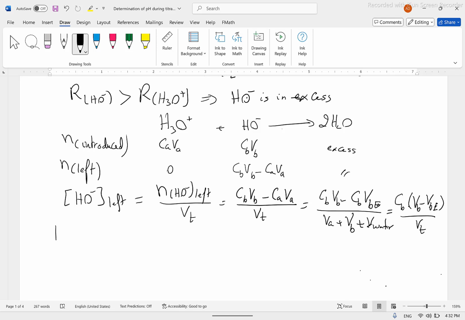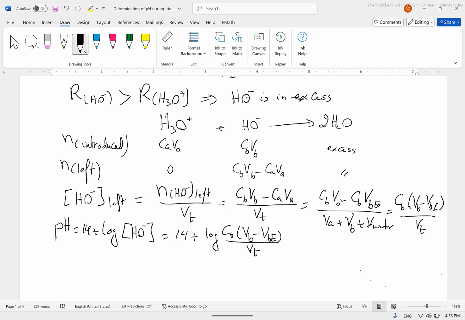Now the medium is basic, then pH equals 14 plus log of the concentration of HO-, equal to 14 plus log of Cb times Vb minus Vbe over V total.